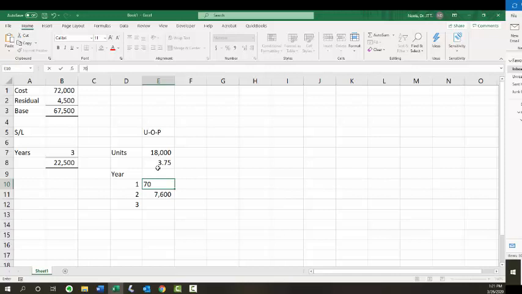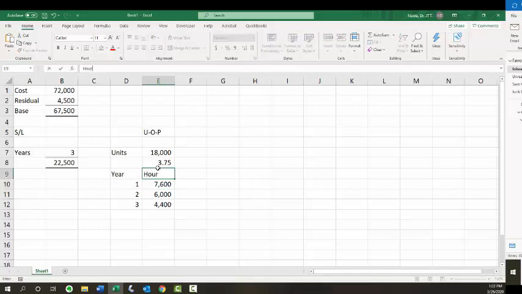Reading all the wrong ones. 7,600 hours in year 1, 6,000 for year 2, and 4,400 for year 3.